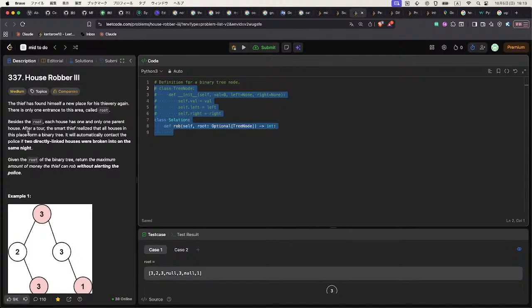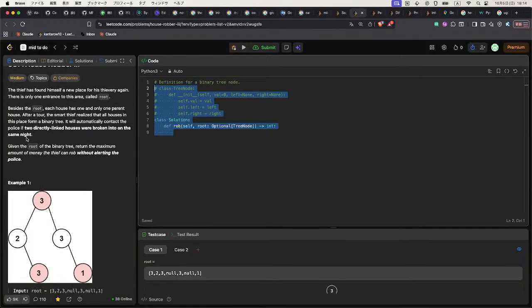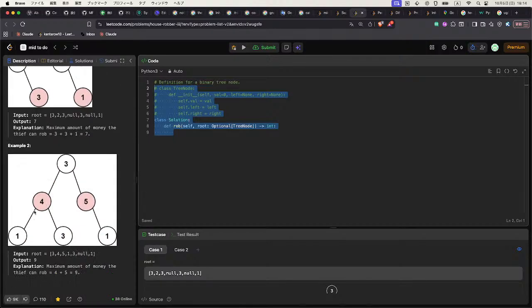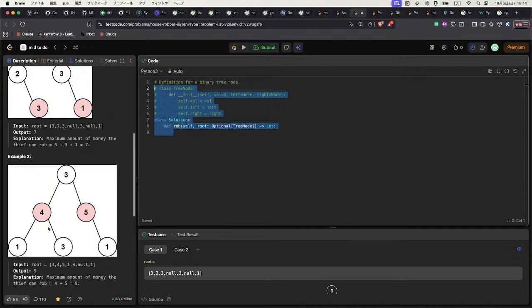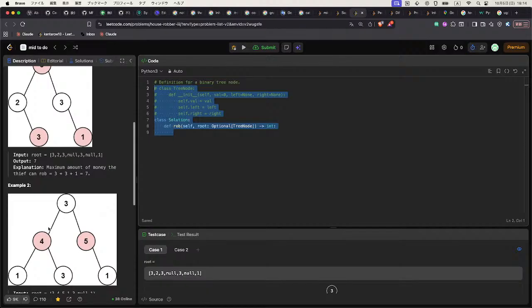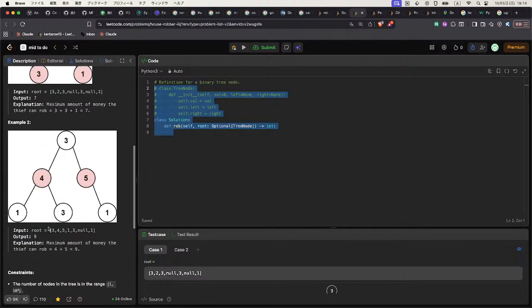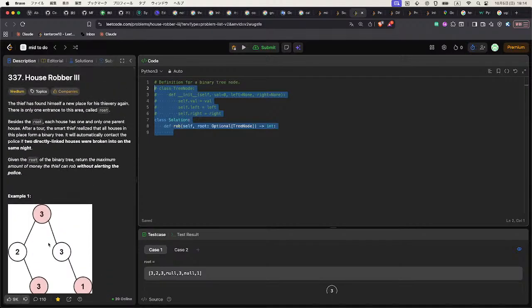Only one parent. Each house has one and only one parent house. But it might have multiple children. Okay. Yeah, the first question to me.